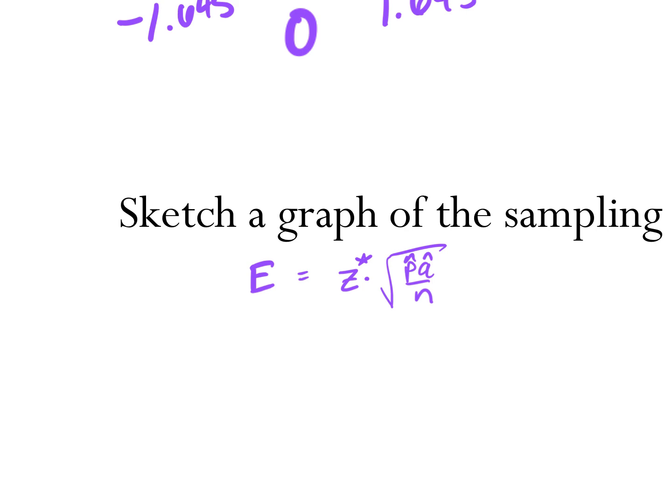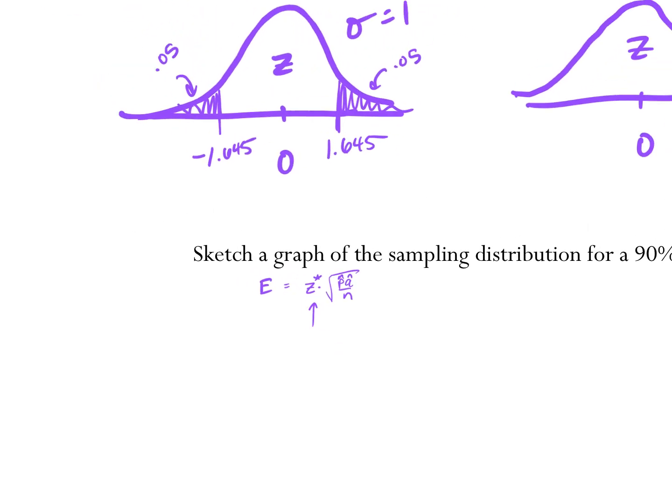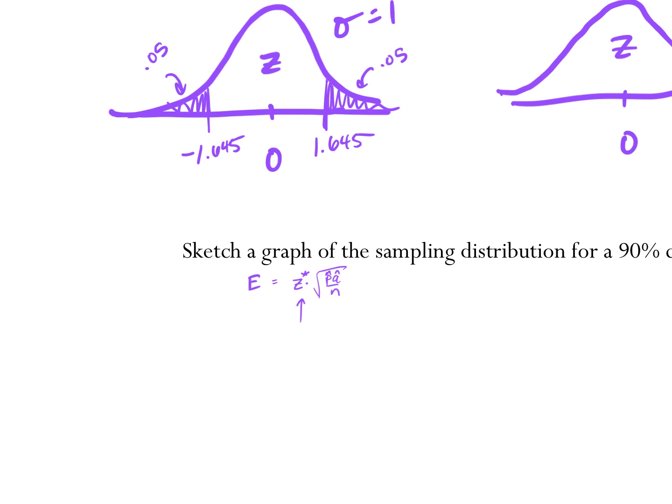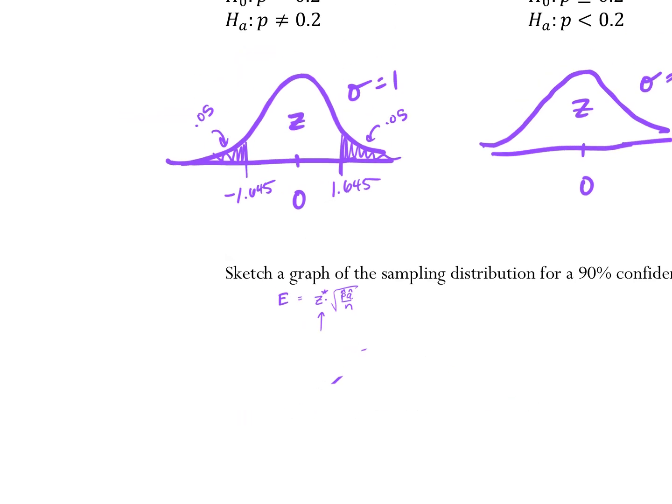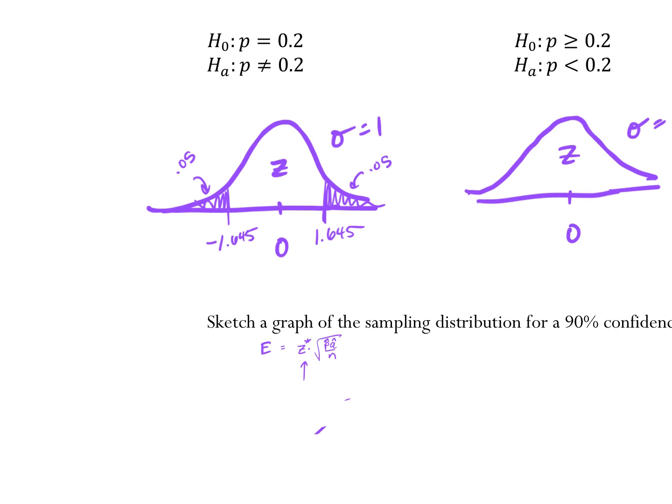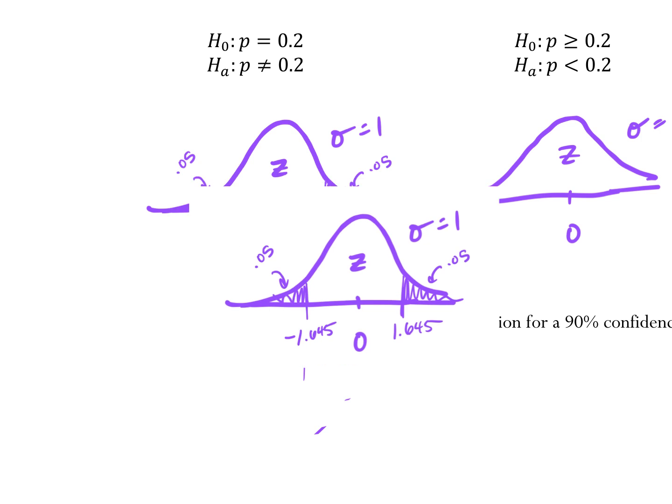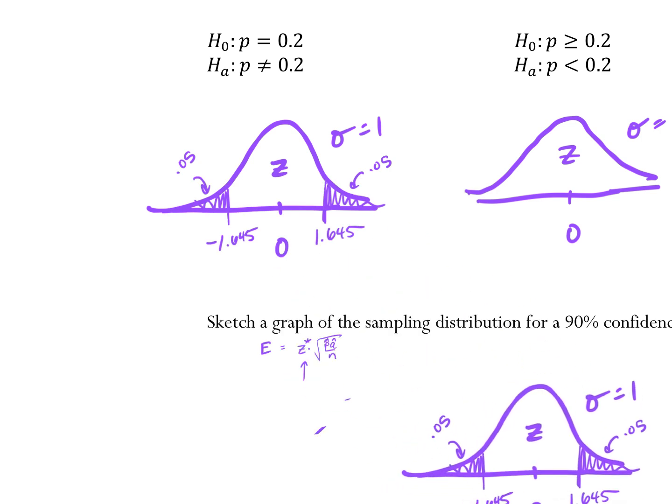And that z, if I asked you to find the sampling distribution for that z, you guys, that sampling distribution is that sampling distribution. They are the same one. Is everybody with me? Kind of getting that?